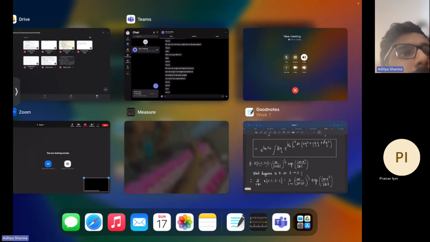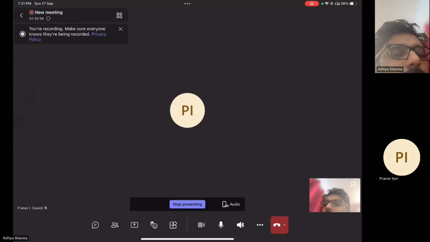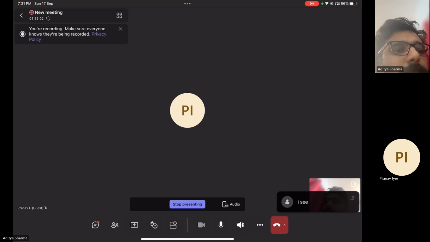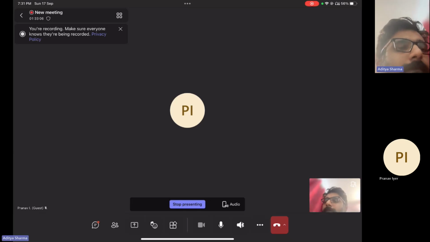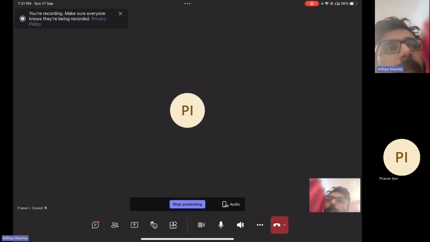Okay, you're clear now? You're clear. So this is how, using this, I solved the path integral for the harmonic oscillator. Okay. Any doubts, any questions?